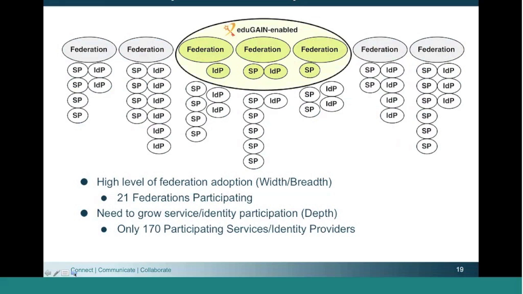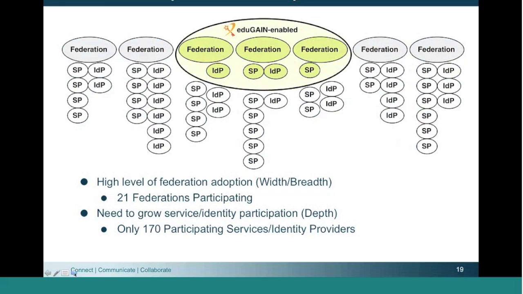So for EduGAIN adoption, there's this issue of width or breadth versus depth. And at the moment, we have very good width. We have a lot of federations participating, but in comparison with the total set of services and identity providers that are available, we don't have the depth.